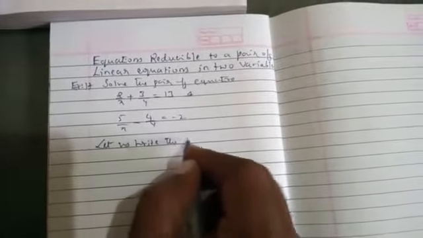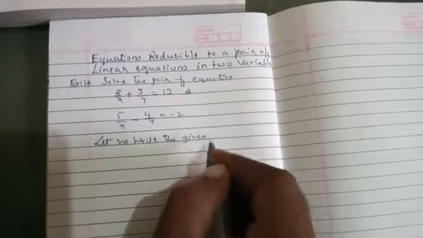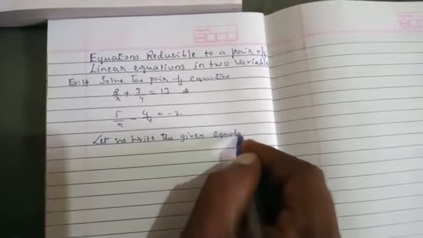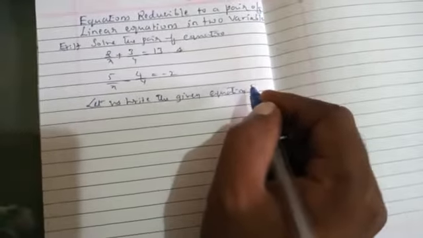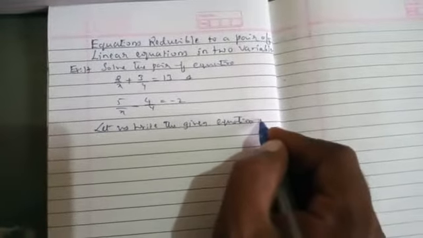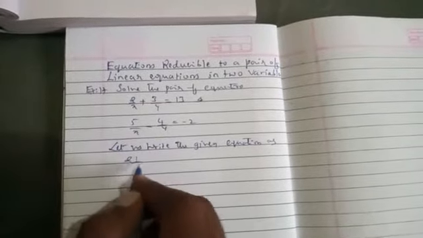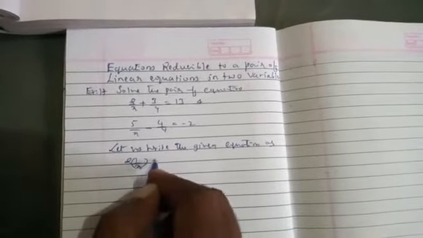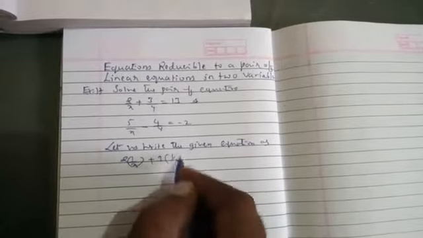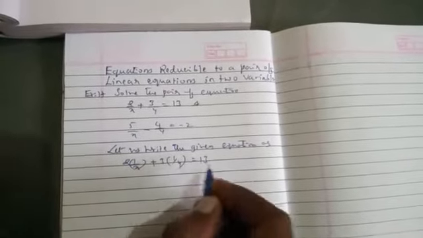Let us write the given equations as 2 into 1 upon x plus 3 into 1 upon y equals 13.